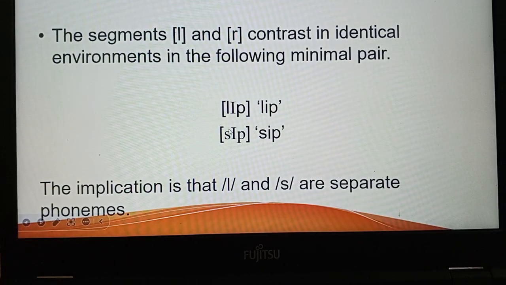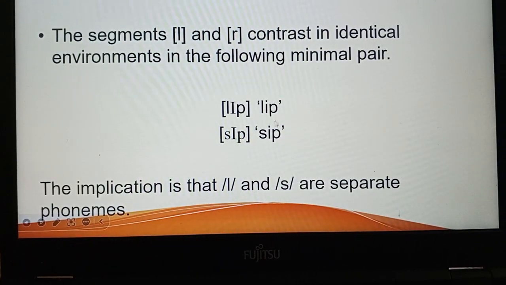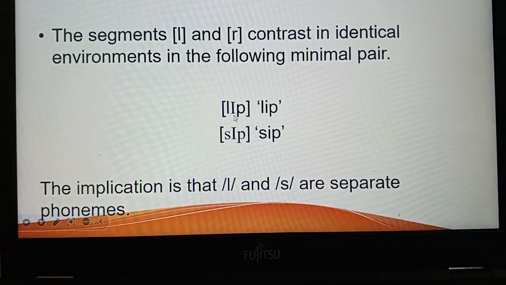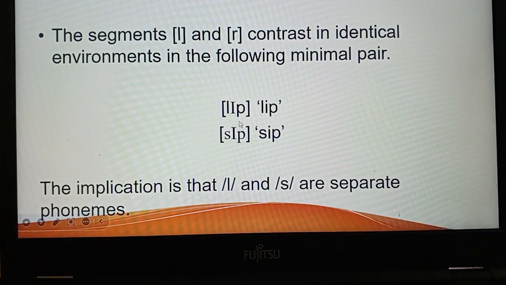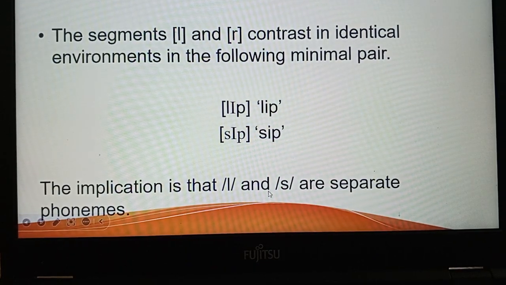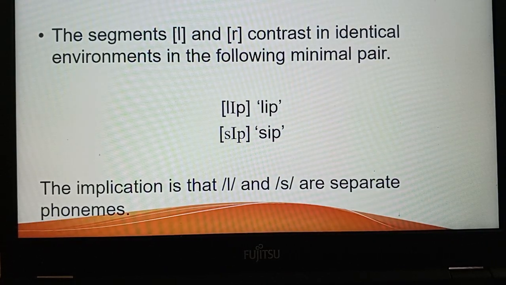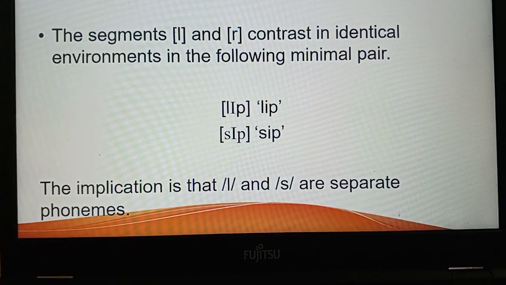Because they differ from one another as two separate phonemes. But they can be found in the same environment, both before a short vowel E. Clear? So L and S are separate phonemes. And when they are separate phonemes found in identical environment, they are called contrasts in identical environment.